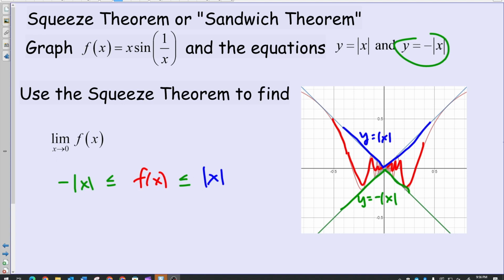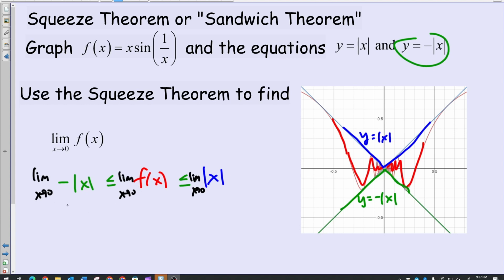If we take the limit of each of these parts, and this right here tells us what limit we need to take, so we need to take the limit as x approaches 0 of each of these components of this inequality. And it turns out if these two answers are the same, the lower bound limit and the upper bound limit, then this answer is also the same limit.